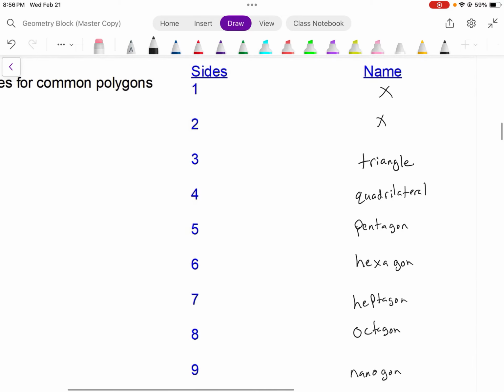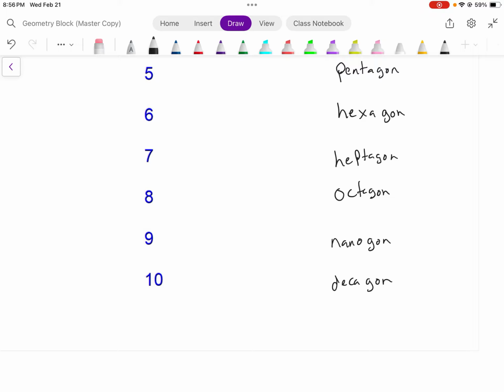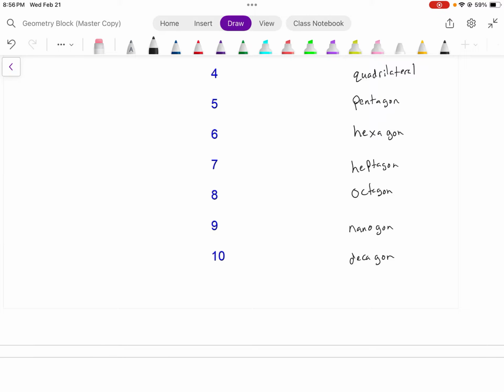Most important defense building in the United States, pentagon. Hexagon is 6. 7 is heptagon. 8 is octagon. 9, nonagon. And 10 is decagon. Simple as this. You have to memorize those. Biggest issue I've seen teaching this class for the last 2 years is people do not memorize the names. Memorize your names. You're going to be sitting a lot better.